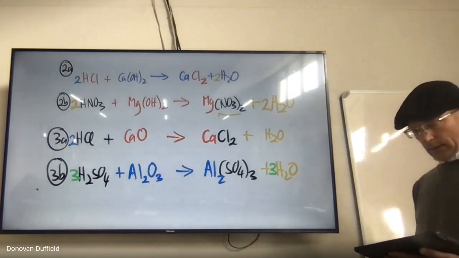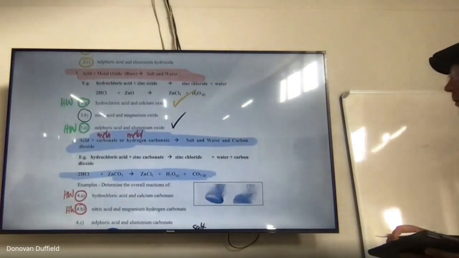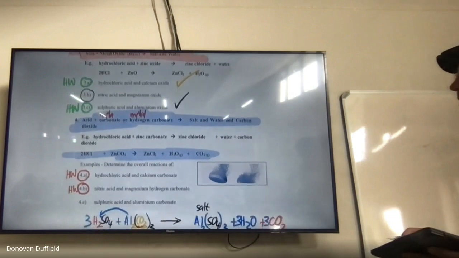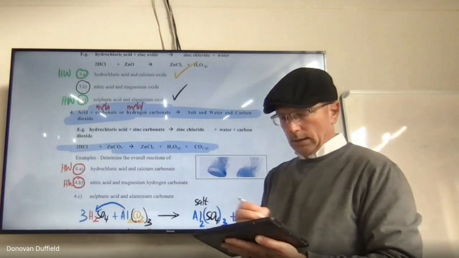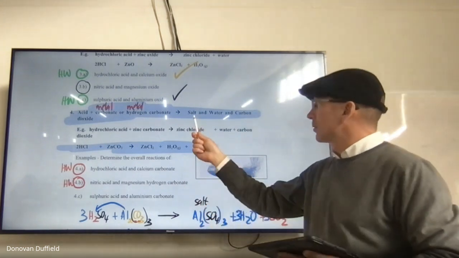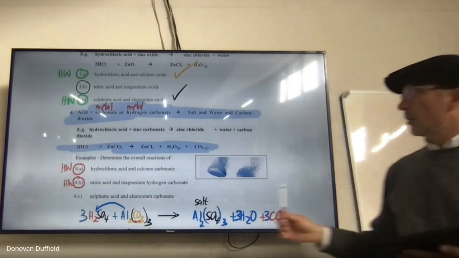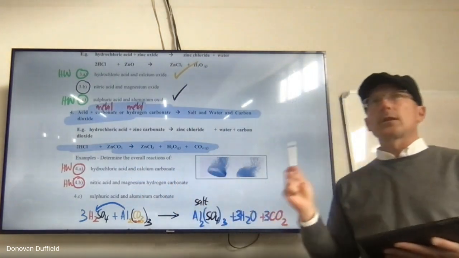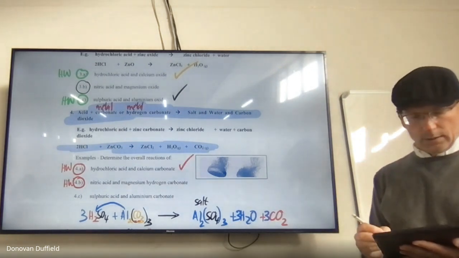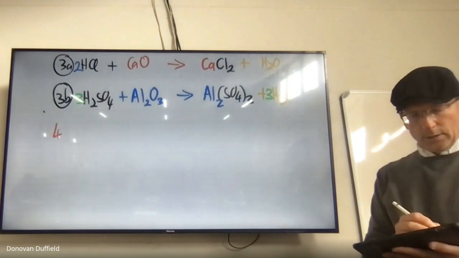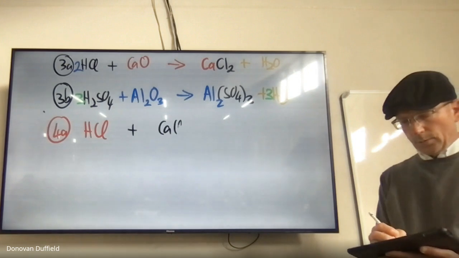We'll post this. Right, let's go to 4. 4 is an acid plus a carbonate or a hydrogen carbonate, obviously a metal carbonate or metal hydrogen carbonate, because we produce salt, water and carbon dioxide. So 4A, we've got hydrochloric acid, HCl, and calcium carbonate.